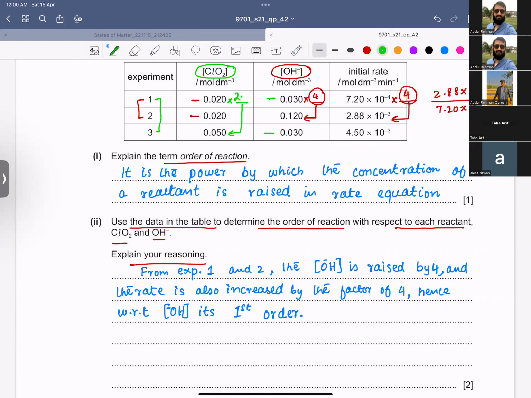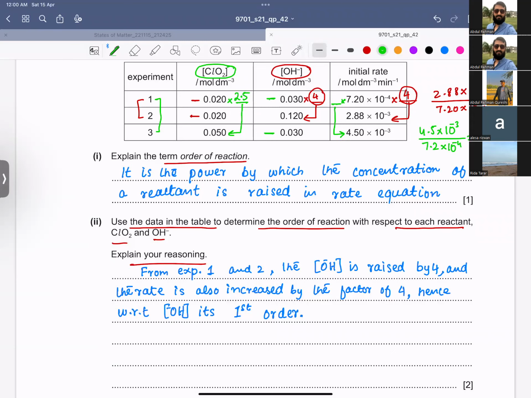It is raised by the factor of 2.5 in experiment 3. Is this clear? By which factor is the rate increased? For that, you have to do this division: 4.5 exponent minus 3 divided by 7.2 exponent minus 4. Can anybody tell me the answer? Sir, 6.25. It's 6.25.